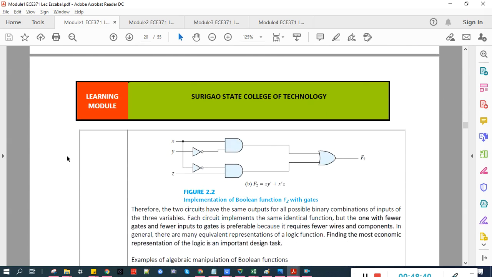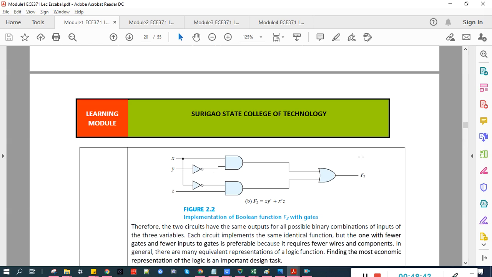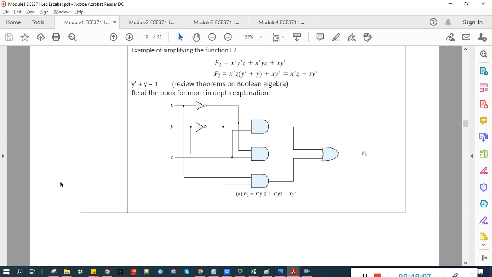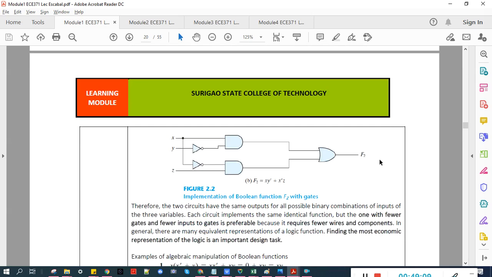But after simplifying, we only have 5 logic gates, and each input of the logic gates is 1 or 2 only. Here, we have 3 logic gates having 3 inputs. So this is much more complex compared to the simplified Boolean function.